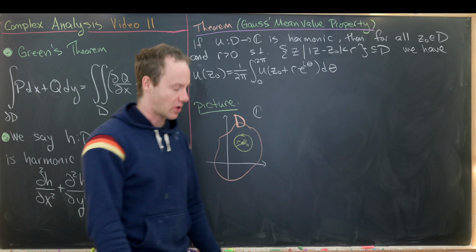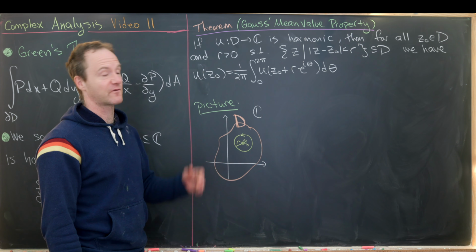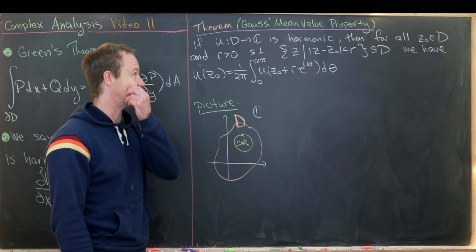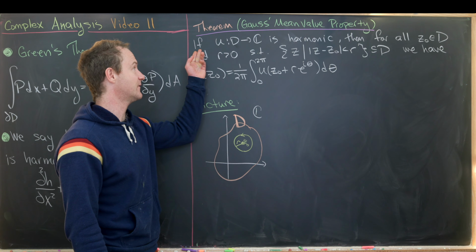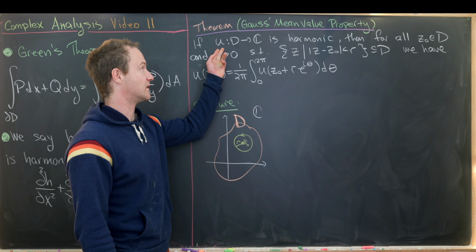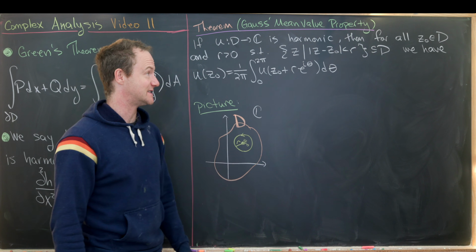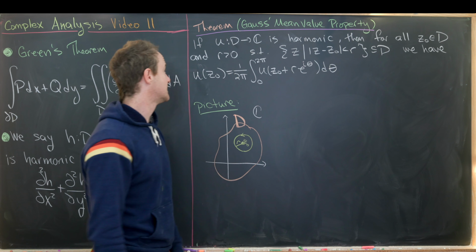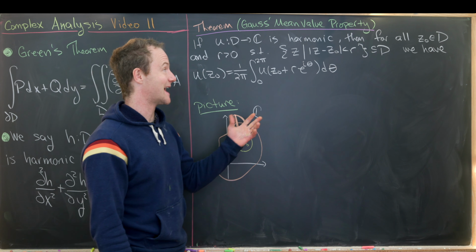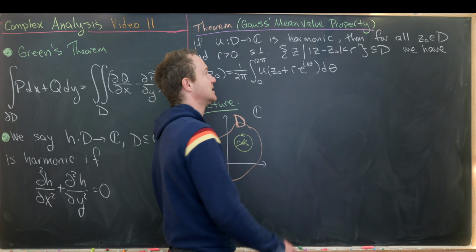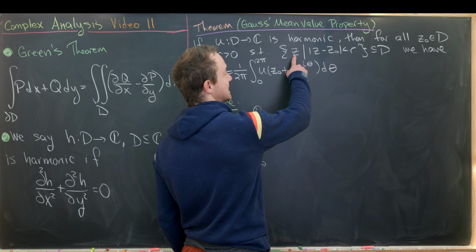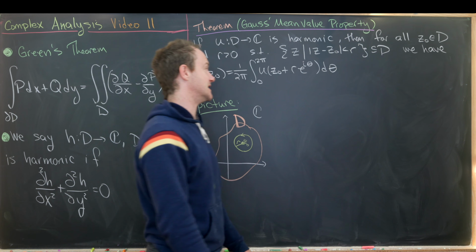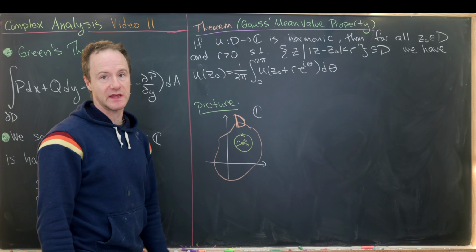Okay, so now that we've recalled all of that, let's look at our first theorem that we will prove, and it is Gauss's mean value property. It says that if we have a harmonic function u from D to C, then for all z naught in D and r bigger than 0, satisfying the condition that the set of points z that are within r of z naught is totally contained in D, we have the following equality.